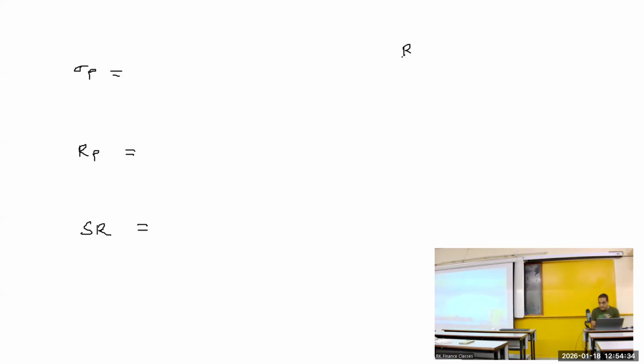Formula for beta, formula for R, formula for A, and formula for B. Okay, just try to recollect all this stuff from level 1, and however many formulas you remember, just try to write them down.